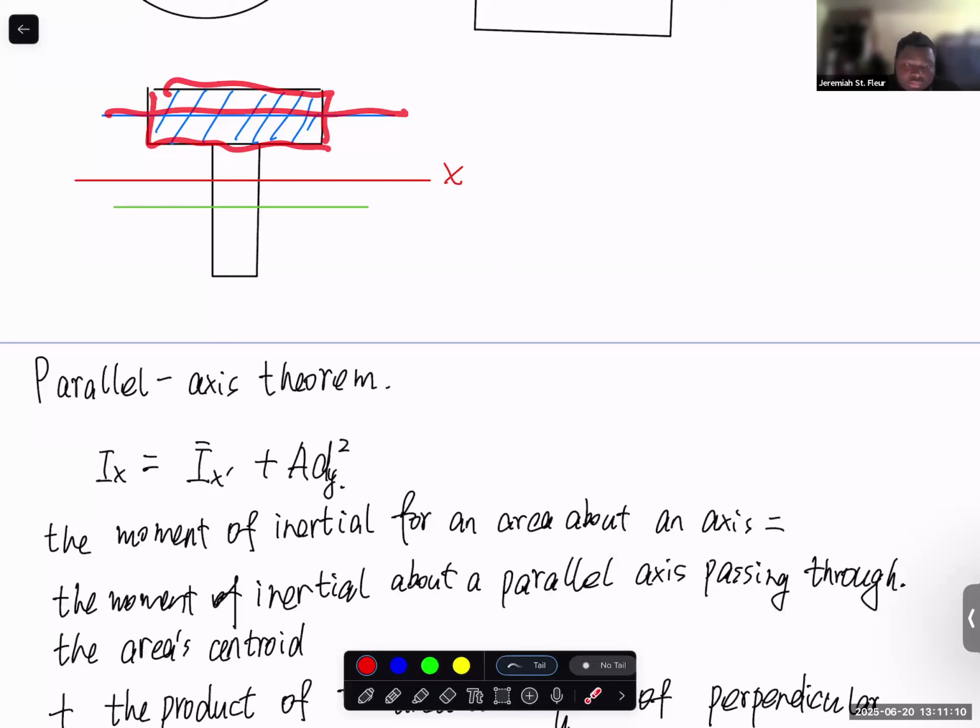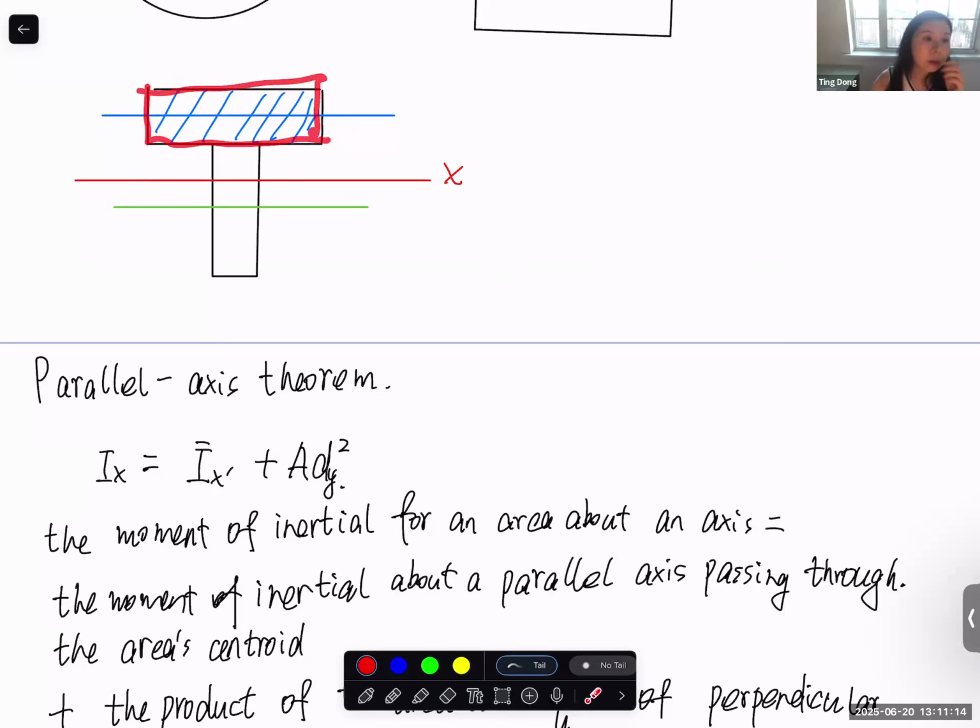So it's equal to the moment of inertia of this single rectangle about its own neutral surface, plus the area of this one times d squared. d means the distance between its own neutral surface and the neutral surface of the entire cross section. This is the d.